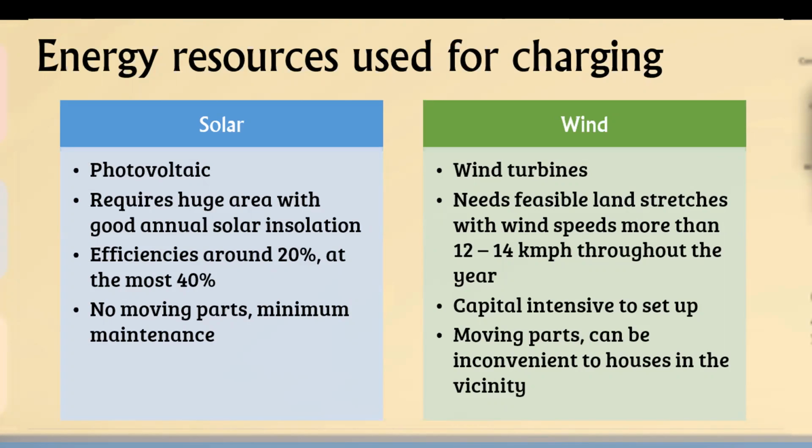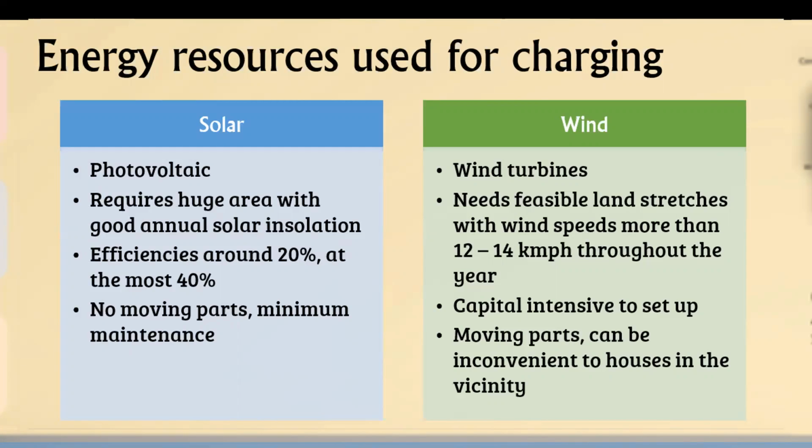Then coming to wind, wind turbines are used. They need to be in a suitable spot where the wind speeds average around 12 to 14 km/h throughout the year, because they are capital intensive; that is, they require a lot of money to set up.